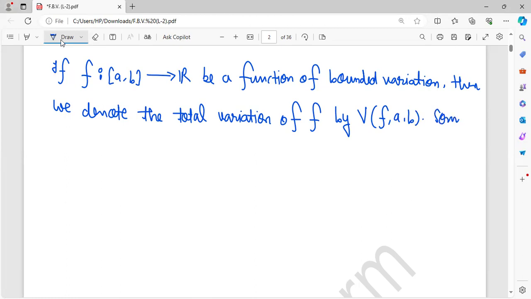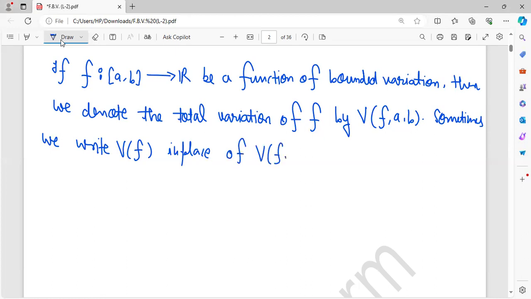Sometimes we write V_f in place of V_a^b(f).